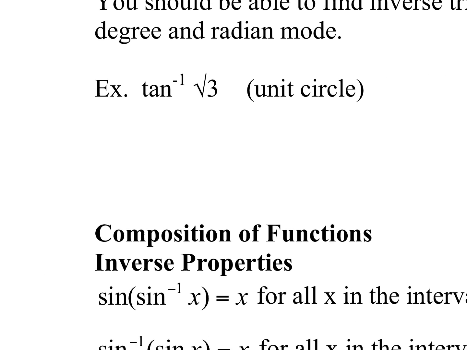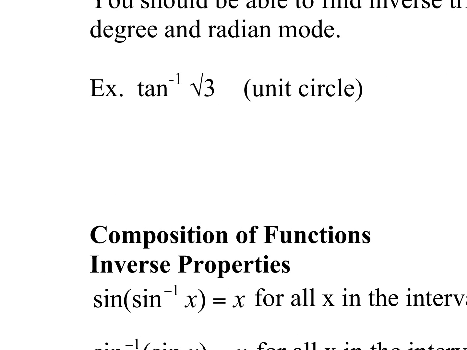So on the first example, they are asking us, when does our tangent equal root 3? Well, that happens when y over x equals root 3. On our unit circle, this happens when we get root 3 over 2 over 1/2.